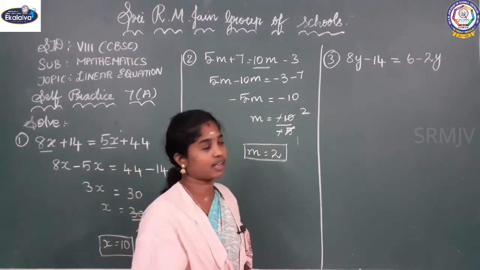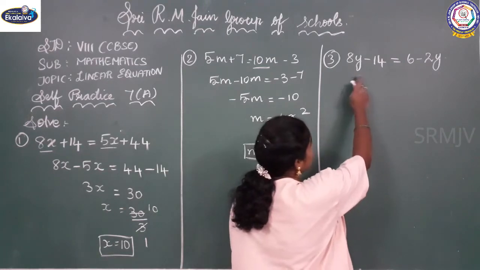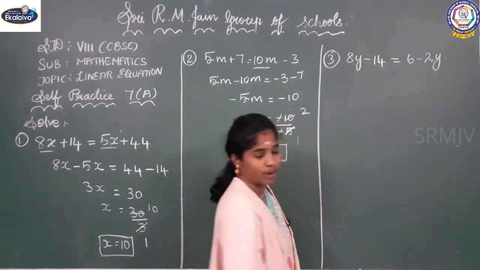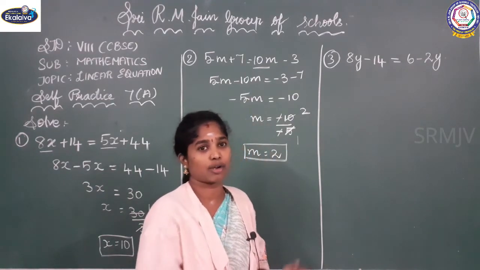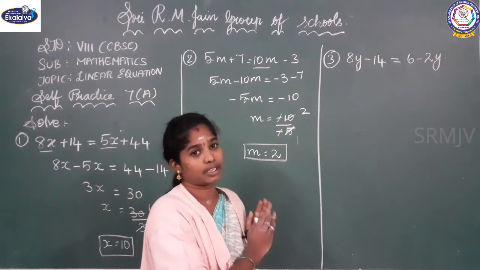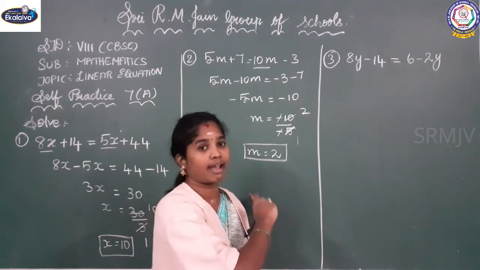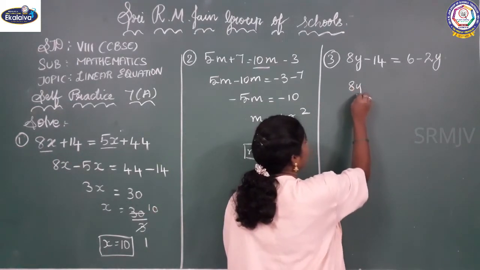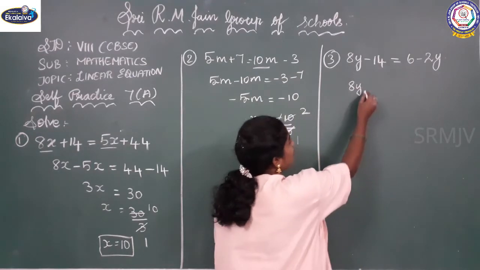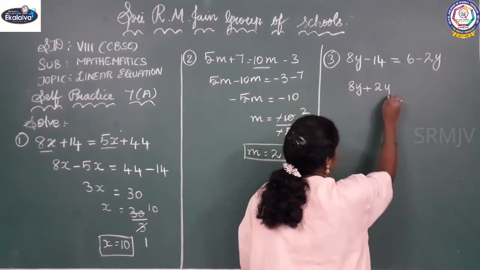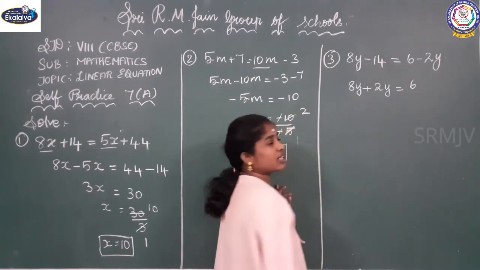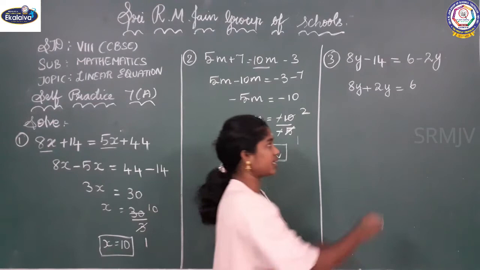Shall we move to the next one? Listen. 8y minus 14 is equal to 6 minus 2y. The same procedure, I am going to bring all the variable terms one side and the constant to the other side. So, 8y and minus 2y becomes plus 2y, and here I have 6 and this minus 14 becomes plus 14.